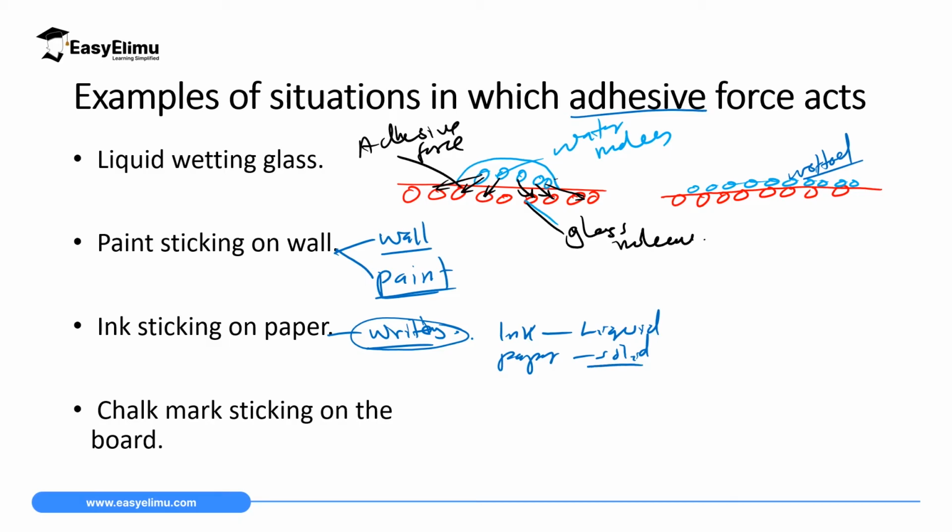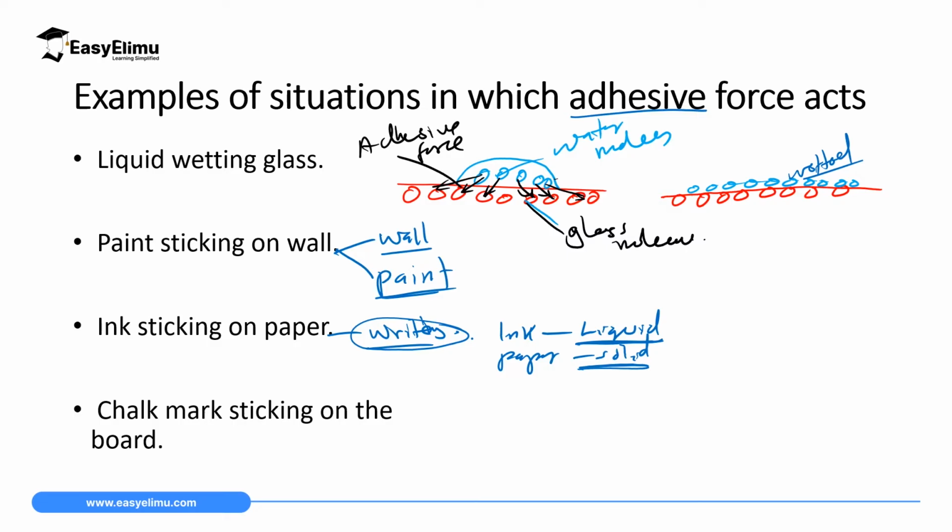So we have two categories of particles here: particles of liquid and particles of solid. When you write, there is a force of attraction between the particles of the liquid, that is the ink, and the particles of the solid, that is the paper. That's what we call adhesive force, and that force makes ink stick on the paper.